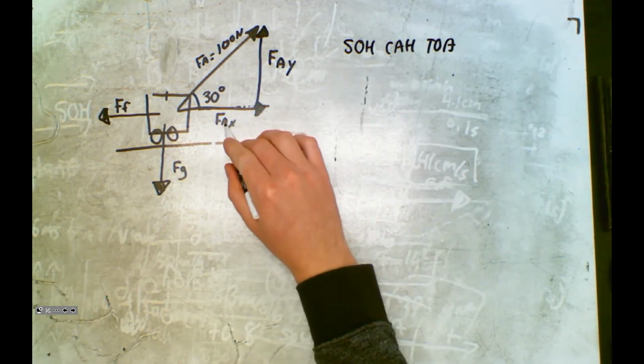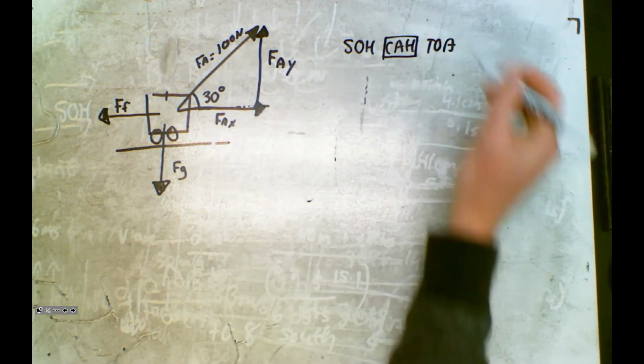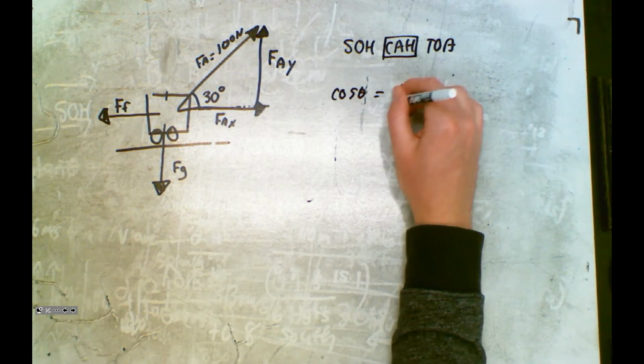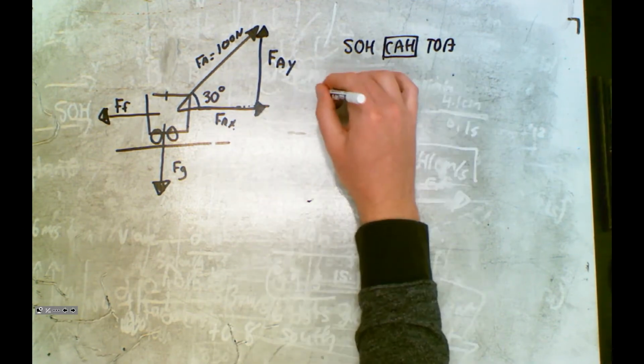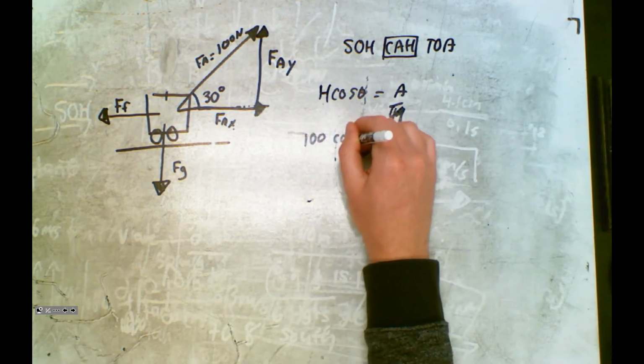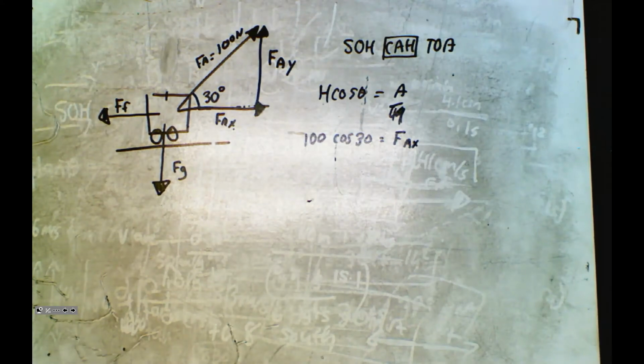So we have an angle and we have a side. So this is adjacent and hypotenuse, so we can use CAH. Cos theta equals adjacent over hypotenuse. We want to find this adjacent side, so we move that up there. If I go 100 cos 30, I can find my adjacent side, which is my force applied in the x.